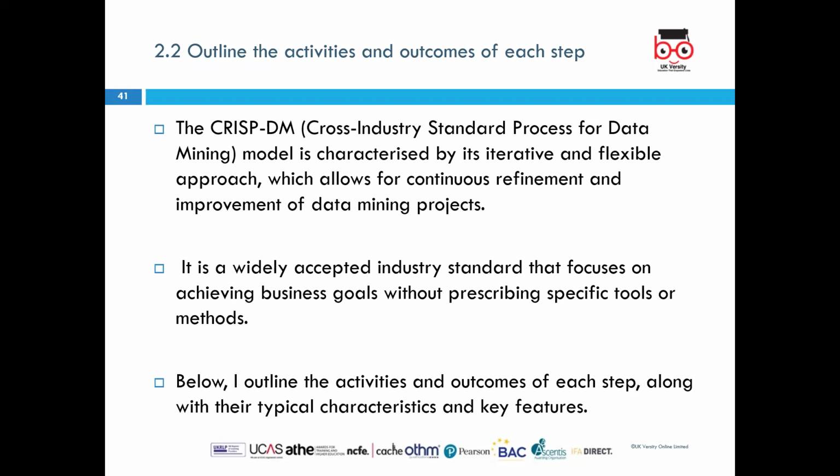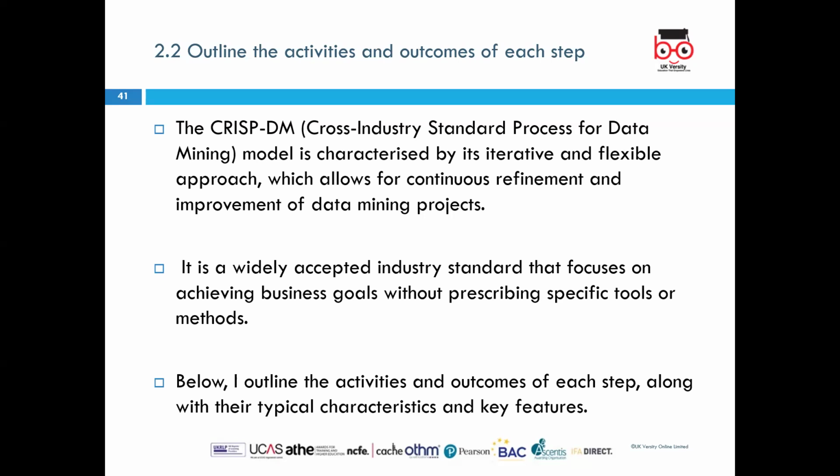Our learning outcome 2 is now going to outline the activities and outcome of each step. So we've now looked into the whole life cycle from business understanding to our deployment phase.